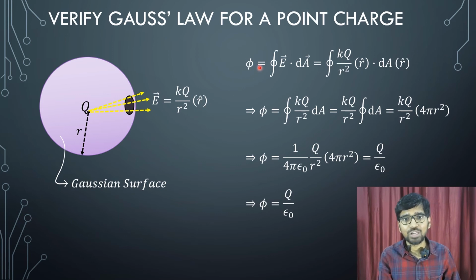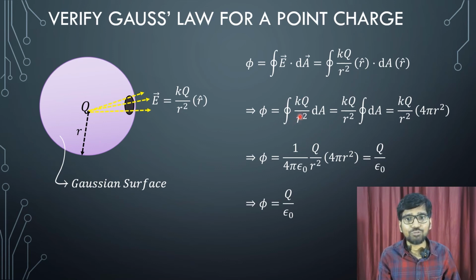So you will then calculate the flux, the total outward flux leaving this closed surface area. How will you do that? You will take a small cross-sectional area dA on the surface and you will find out the value of this expression, integral of E dot dA. Value of E is kq by r square r cap and value of dA vector is dA r cap. R cap dot r cap will become 1.